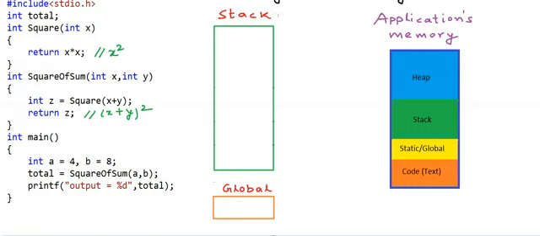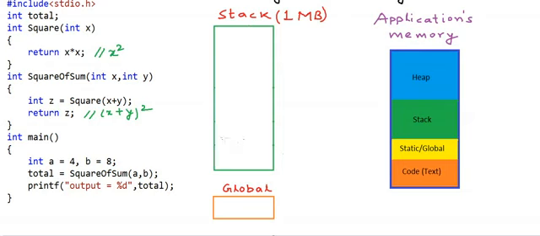Here I must point out one more thing. When our program starts, our operating system allocates some amount of reserved space. Let's say the OS allocates 1 MB of space as stack, but the actual allocation of the stack frames and the actual allocation of the local variables happens from this stack during runtime.